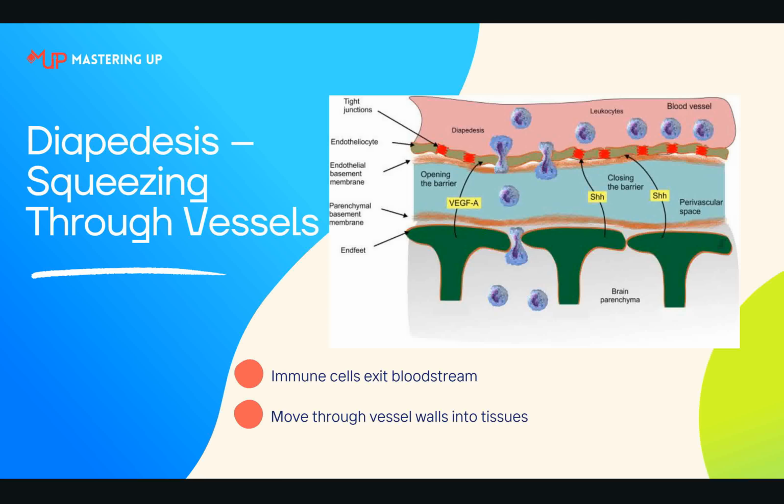They squeeze between blood vessel walls to enter the tissues, which is a crucial step in responding to infections or injuries. In the illustration, you can see the leukocytes squeezing through the endothelium.